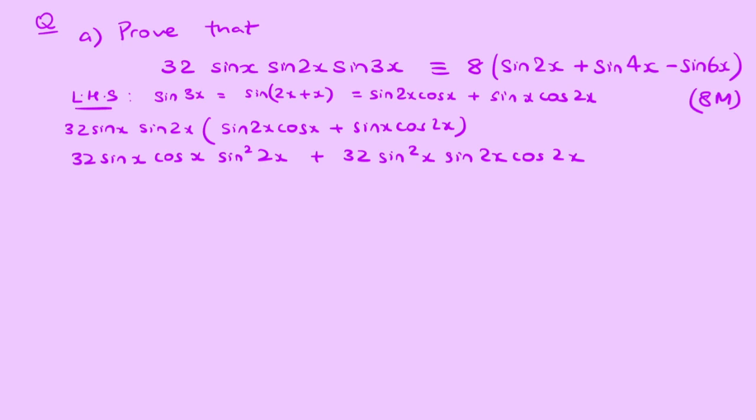Now we know that there is a double angle formula for sin 2x, which goes like this: that's 2 sin x cos x. If I just carefully factorize this 32 into perhaps 16 times 2, I can then replace the 2 sin x cos x by the double angle.